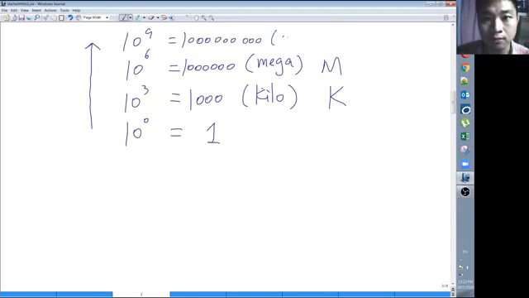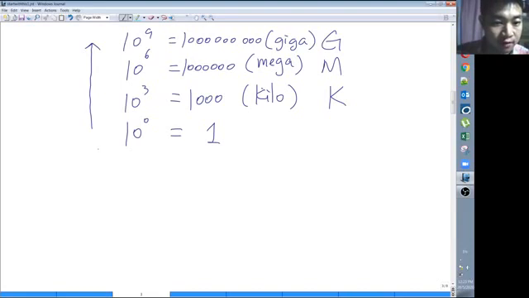You use billion in our daily life, but in standard form, you should use giga, and the capital letter G is used to represent 1 billion.